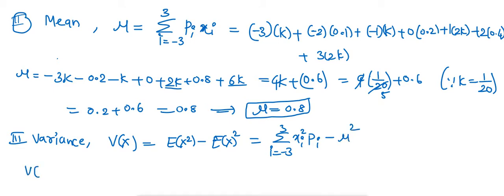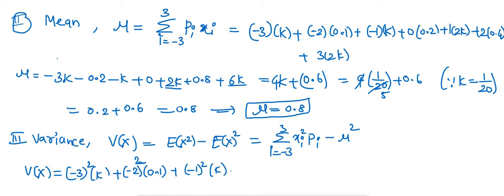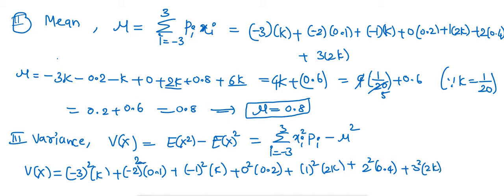This is V of x equal to minus 3 whole square into k, plus minus 2 whole square into 0.1, plus minus 1 whole square into k, plus 0 square into 0.2, plus 1 square into 2k, plus 2 square into 0.4, plus 3 square into 2k, minus 0.8 whole square.